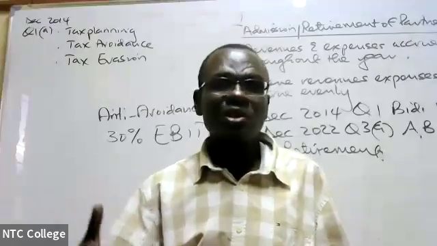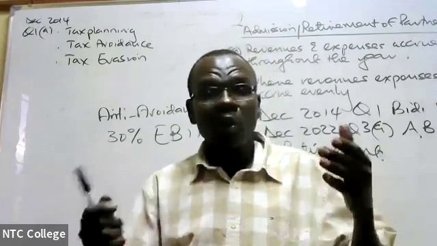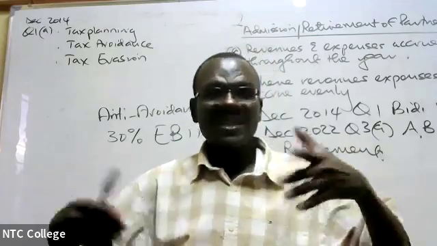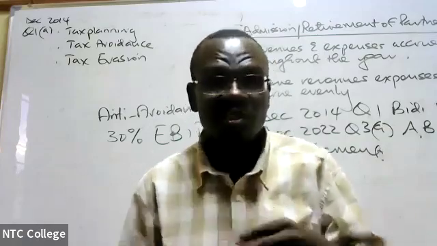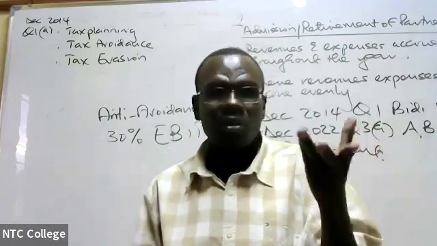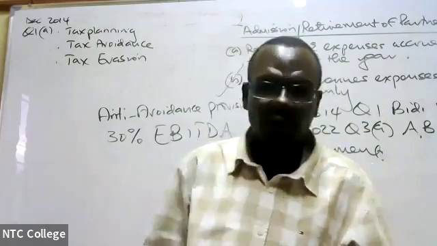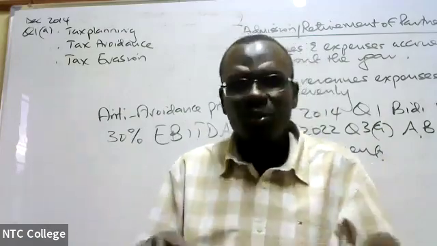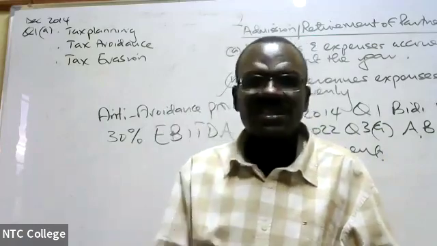Or where assets of the business are disposed, but at lower prices. You want to sell products of the business, but at lower prices to understate income. That is avoidance, because you're pretending to do what is legal because you're using the law, but you are taking undue advantage of a loophole within the tax law.